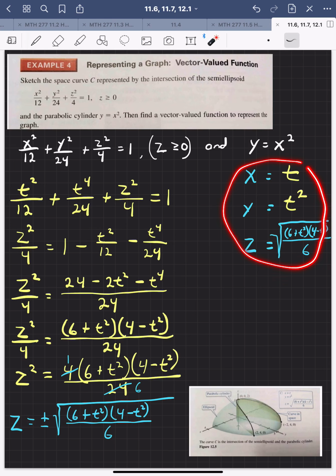So I now have a parametric description of this curve.